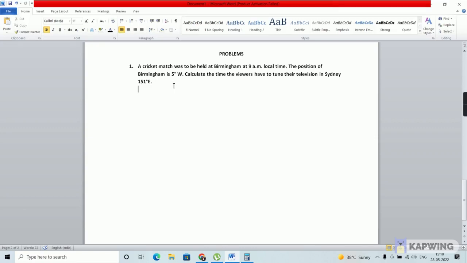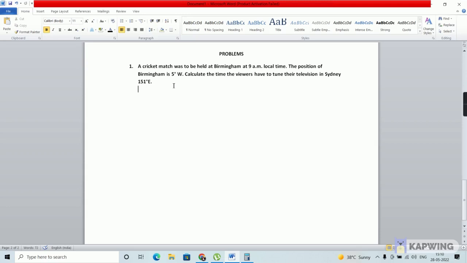If two places are in the same direction, that is, if both locations are in the western quadrant or in the eastern quadrant, then we have to find the difference between the values of those two locations. But since in this case the two locations are in different quadrants, one being western and the other eastern, we have to add the values of these two locations.